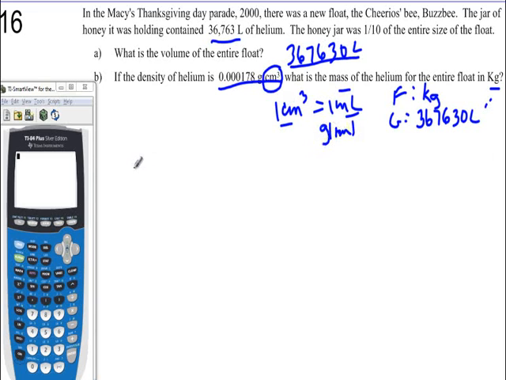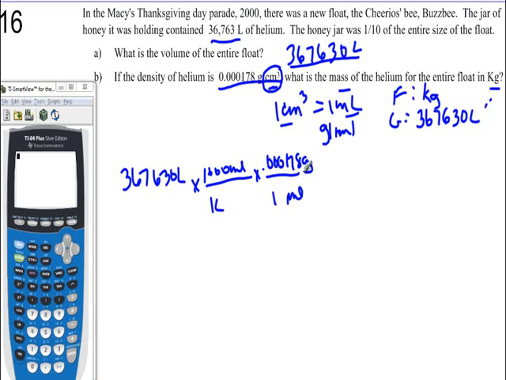Okay, so let's start with our given. We have 367,630 liters of helium, and what I know is 1 liter is 1,000 milliliters, and I need milliliters down here to make this cancel. So 1 milliliter is 0.000178 grams.